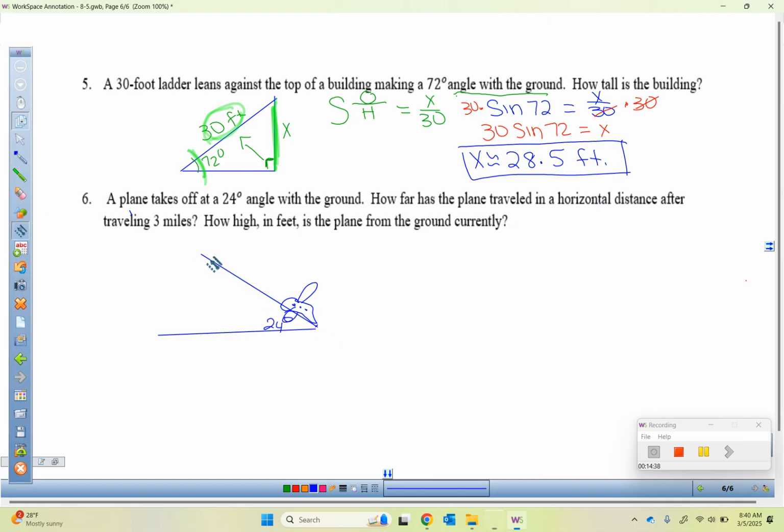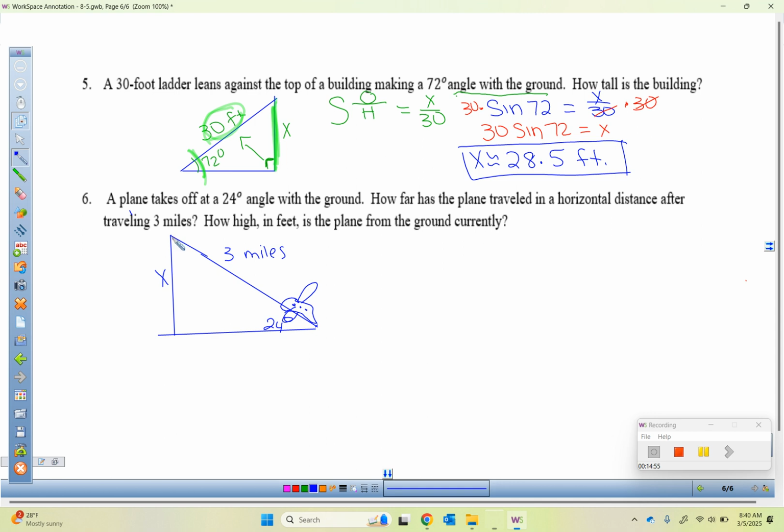So he's going to travel. Here he is traveling. And he's going to go 3 miles. Okay. How high in feet? So here he is in feet. And how high? So we're looking for how high is this, right?